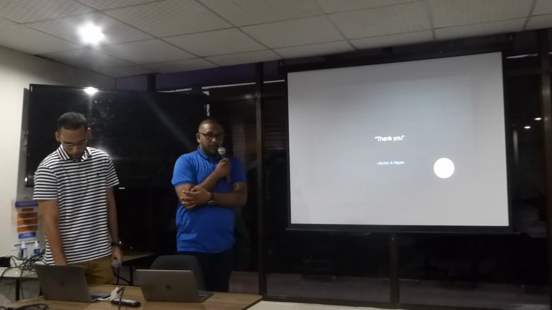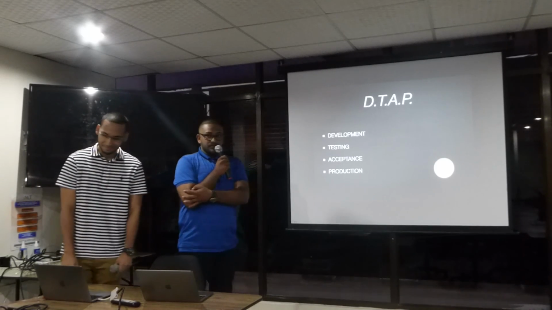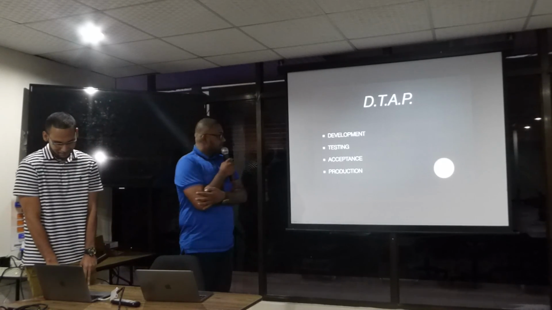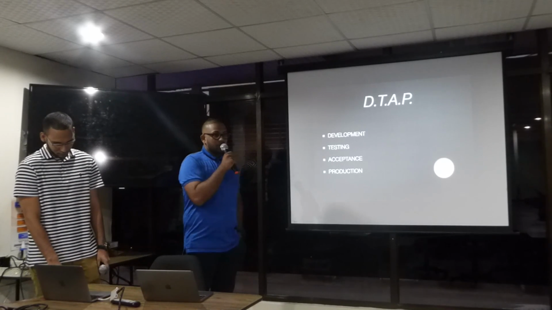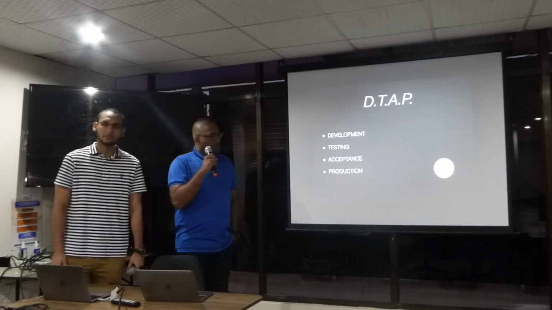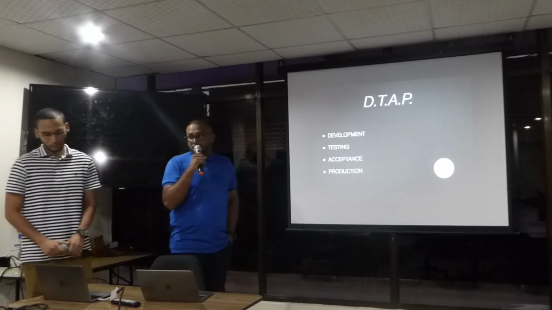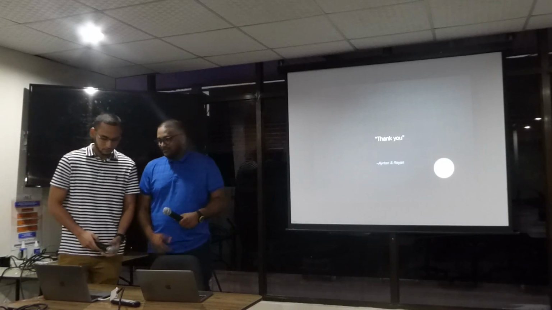The development environment is for the organization or man who will implement Moodle for Imit. Testing is where my colleague and I will do the testing, and in acceptance we will have the business and the key users test for a go, and then we will go into production. Thank you.